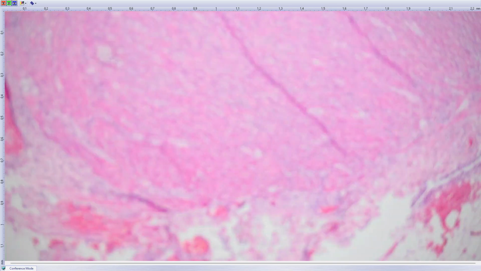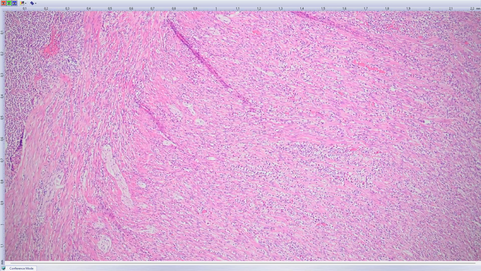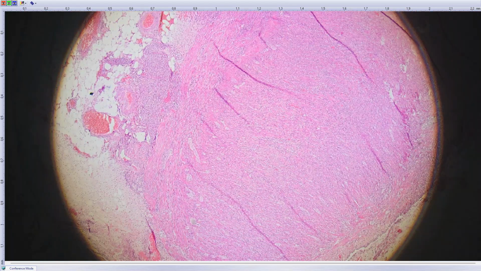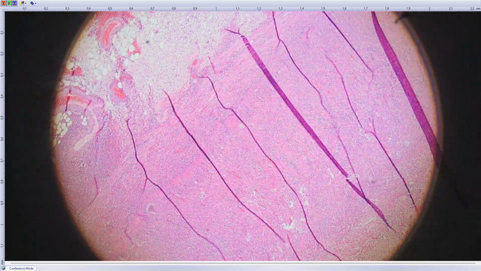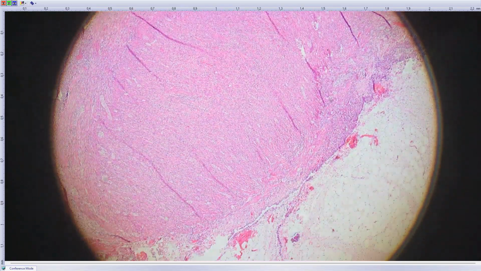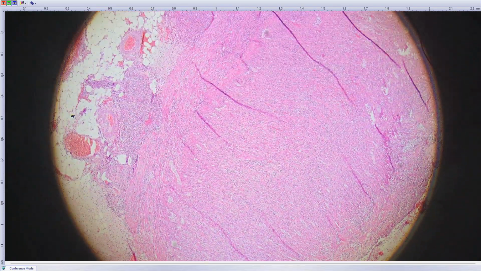And now I have here a very interesting case of lesion of appendix. And you might see that at the tip of appendix there is such fibrous lesion with inflammatory admixture.